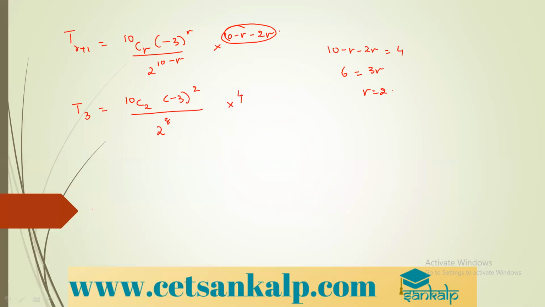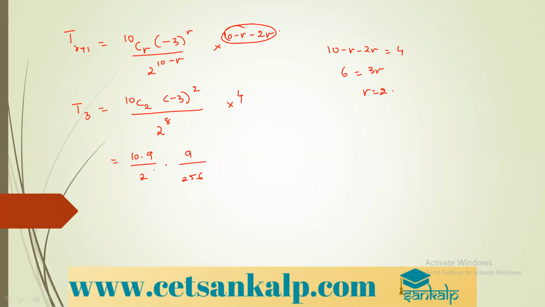I have to take just coefficient of x power 4. So I will simplify only the numerical part. I will take 10C2, 10 into 9 by 2. Minus 3 whole square, 9. And then 2 power 8. 2 power 8 is 256.